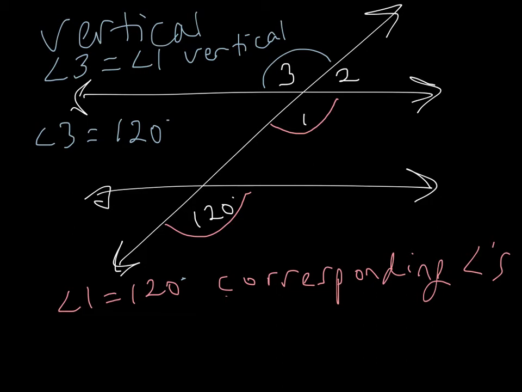Okay, and what about angle 2? Well, where's angle 2's corresponding part? It's right here, right? This angle. Well, 120 and this angle right in here, what's their relationship? They are supplementary, right? What is supplementary again?